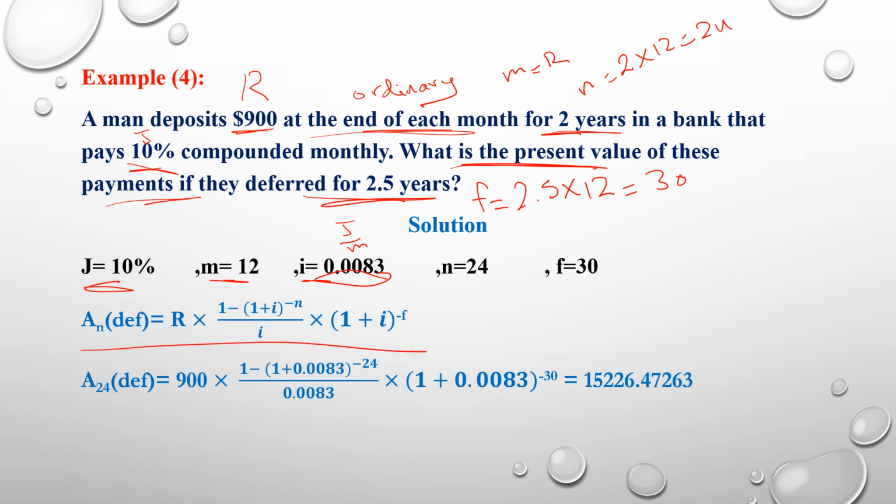So by using the formula of the present value of a deferred ordinary annuity, by substituting the values of R, i, n, and f, we get A_24 deferred equals 900 times (1 minus (1 plus i), which is 0.0083, to the power of minus n, and n equals 24) over i, times (1 plus i) to the power of minus f, and f equals 30. So the present value of these payments equals this amount.